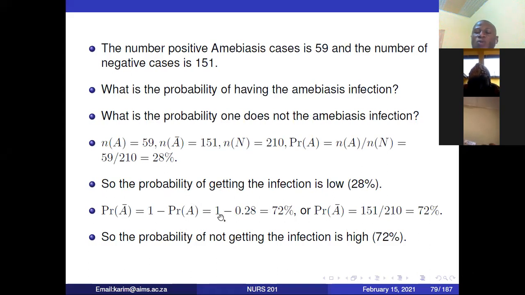That is 1 minus 0.28, which gives us 72%. The other way you can compute this is that the number of people who do not have the disease is 151, so we take 151 and divide by 210, and we get 72%. So the probability of someone not having the disease is very high, which is 72%.